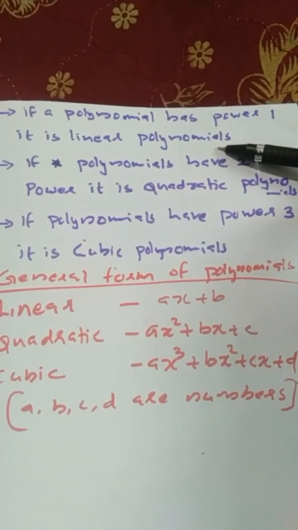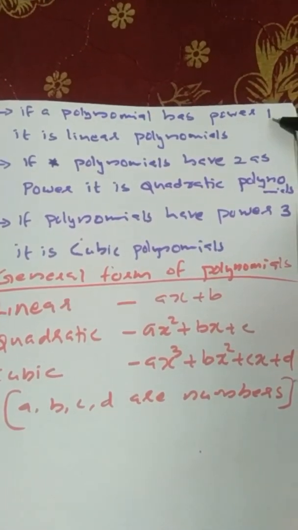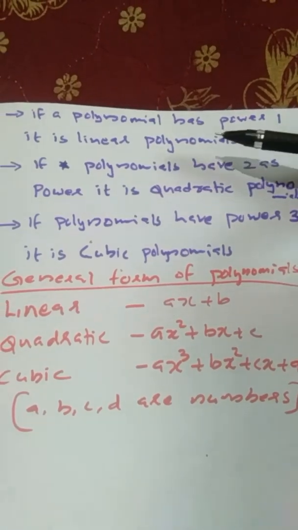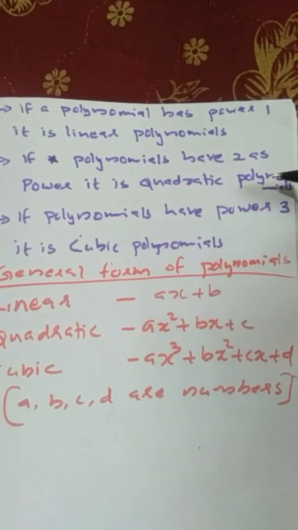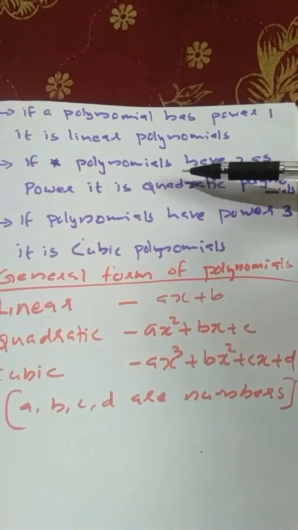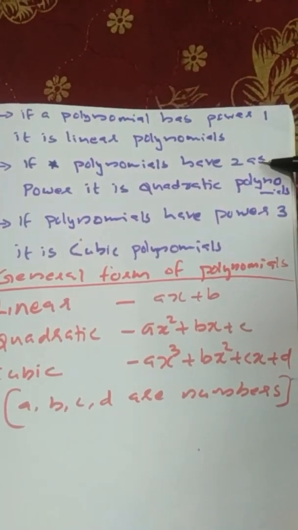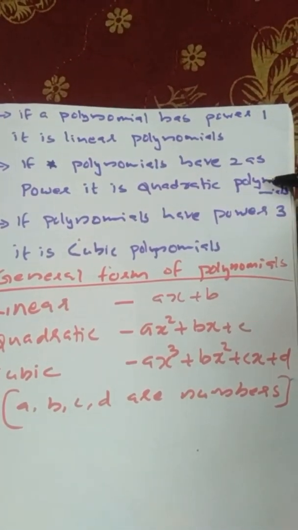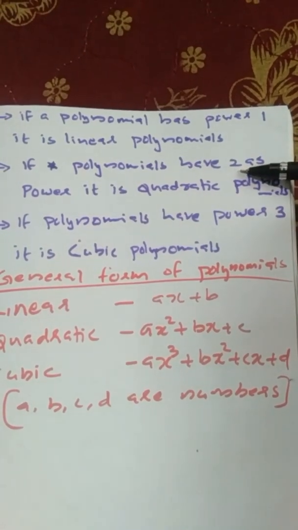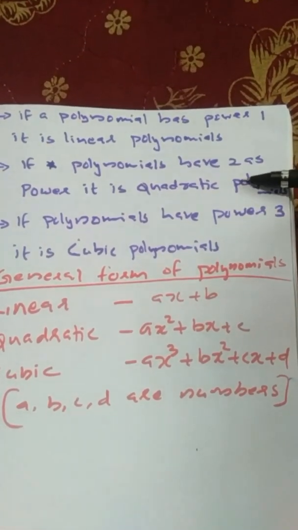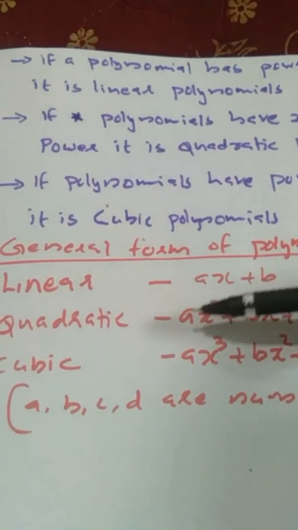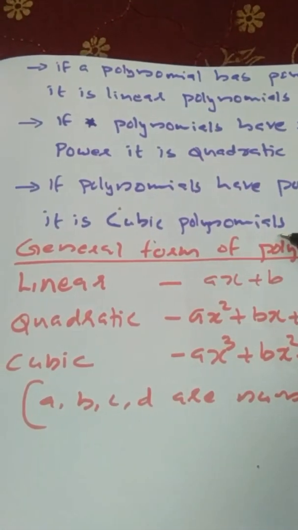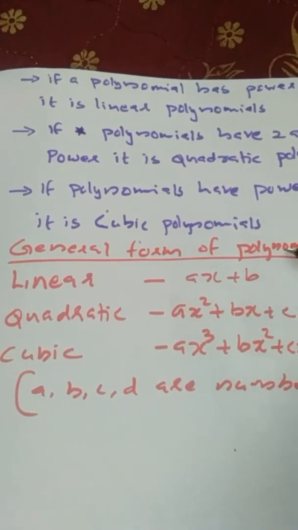In an expression, if the power is 1 for a variable, that polynomial is a linear polynomial. A quadratic polynomial means the polynomial has 2 as its power. If the power is 3, it is a cubic polynomial. And the general form of polynomials.